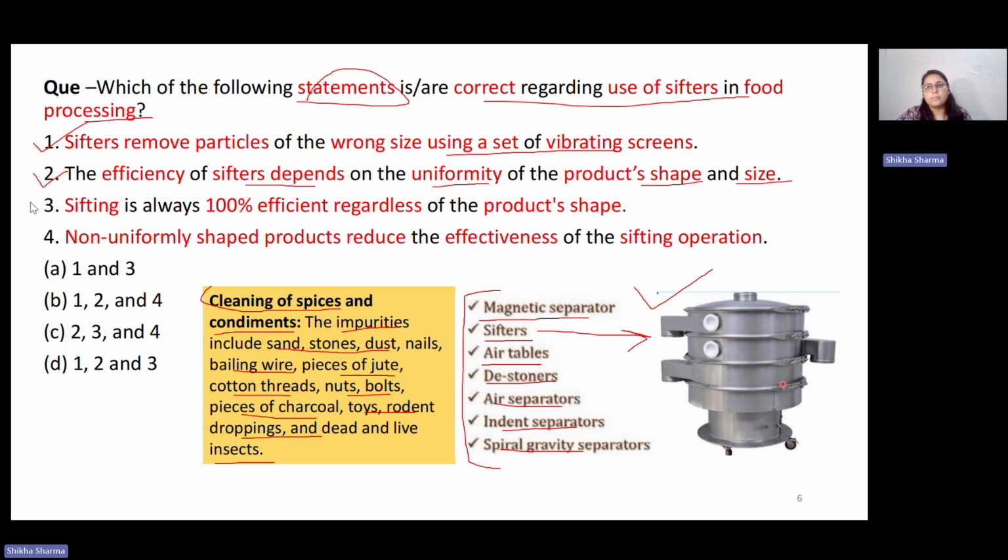The third statement says that sifting is always 100% efficient regardless of the product shape. And the fourth says that non-uniformly shaped products reduce the effectiveness of the sifting operation. So we need to tell which statement is correct here.